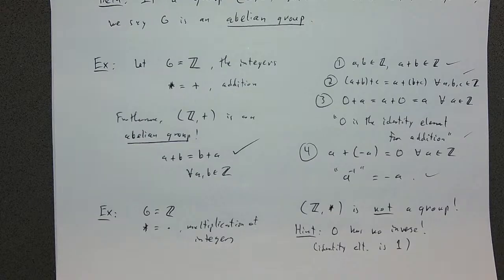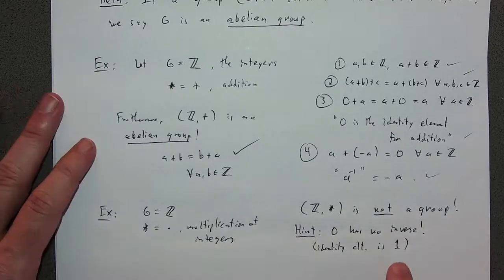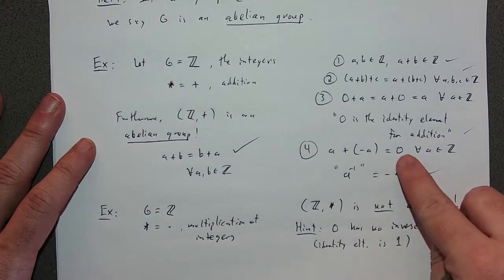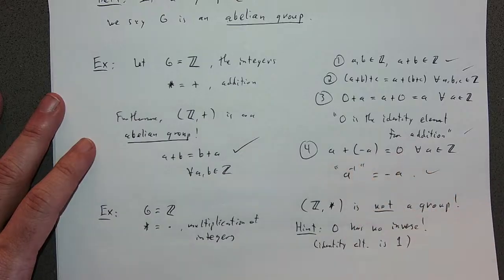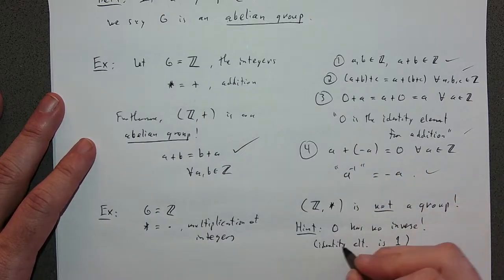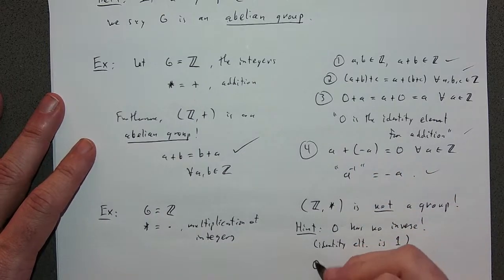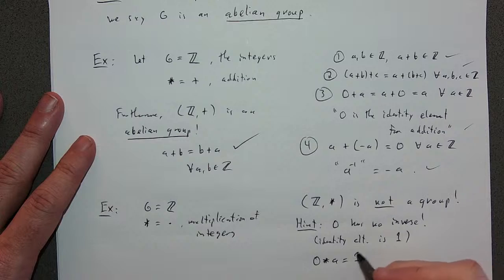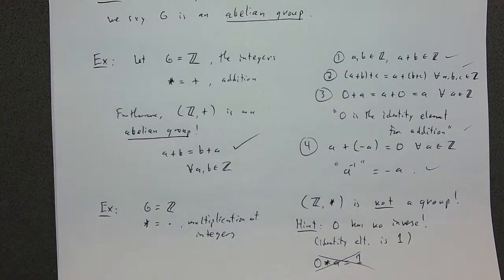It's 1 times a that is equal to a for every integer. And so it's the identity element that shows up on the right-hand side in this form. The question is, I'm looking for an element such that 0 times that element is equal to 1, and there exists no such thing. So 0 has no inverse. This is not a group.